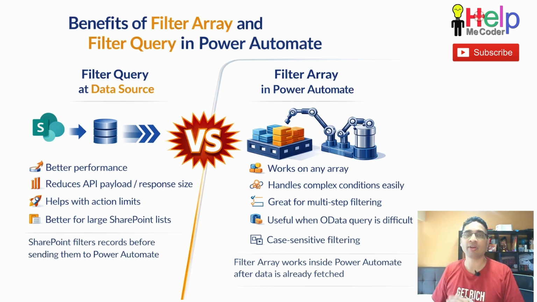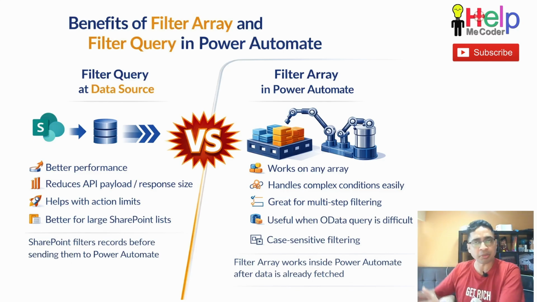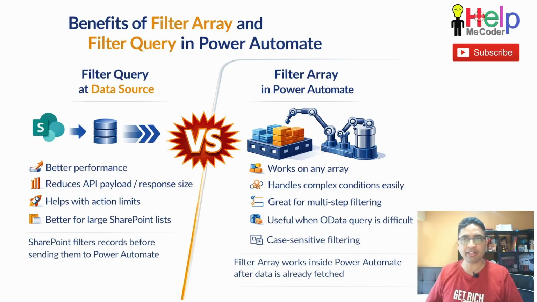No, that is the wrong way of doing it, because at the first instance itself, you know you don't need 5,000 rows, you only need people from a certain department, so you shouldn't be hitting 5,000 rows in the first step itself. You might say, okay, I hit 5,000 rows, then I'm not using apply to each, I use filter array to filter out only that department.